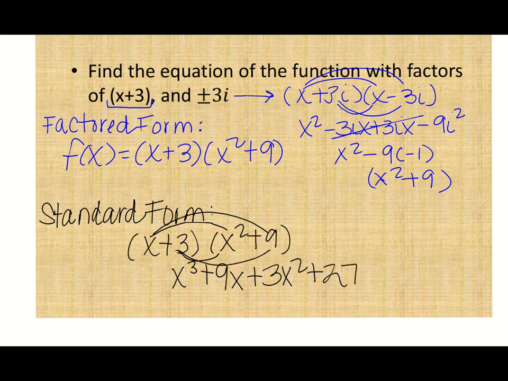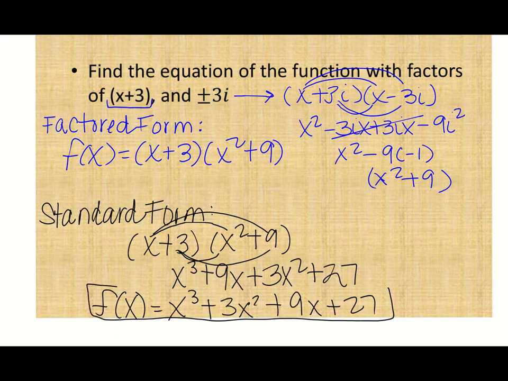Now, this is multiplied out, but when I write it in standard form, I want to make sure that I go in order from highest degree to lowest. So I want my largest exponent all the way down to my constant. So in standard form, my function would be x cubed plus 3x squared plus 9x plus 27.